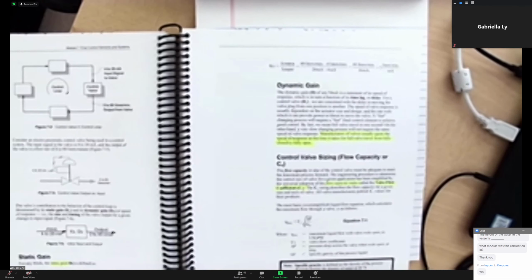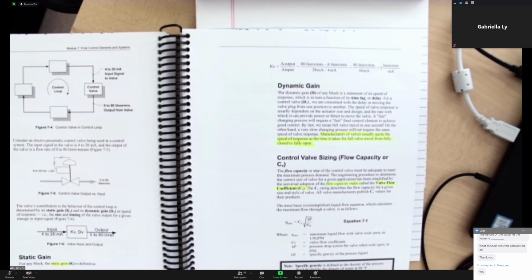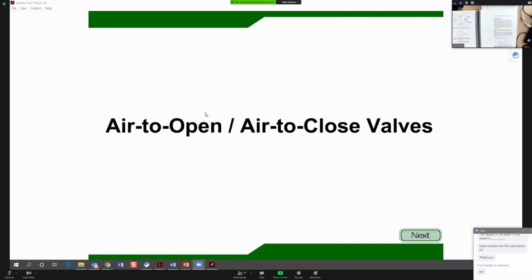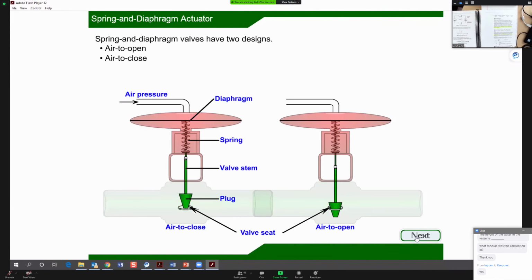I have another thing to show you pretty quick. It's another program to explain this air to open, air to close. This is the air to close. This is the air to open.